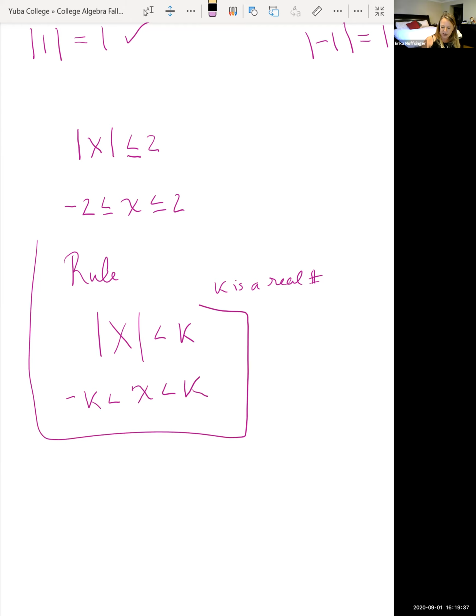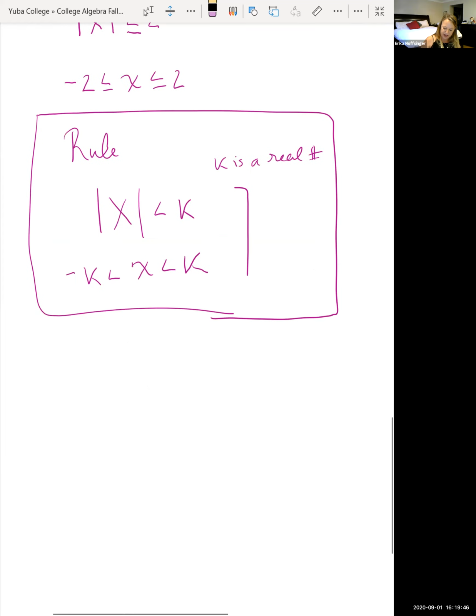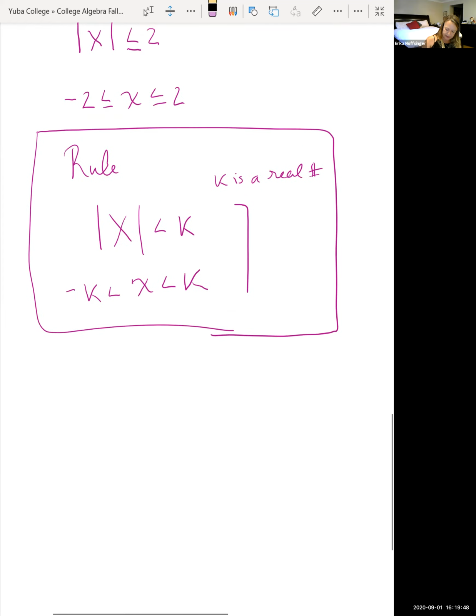So same sort of idea with a greater than or equal to sign. So if I have the absolute value of x is greater than some number, so let's look at this with 2. So if I choose numbers that are bigger than 2, those would work. Absolute value of a positive number is a positive number, and that would work.